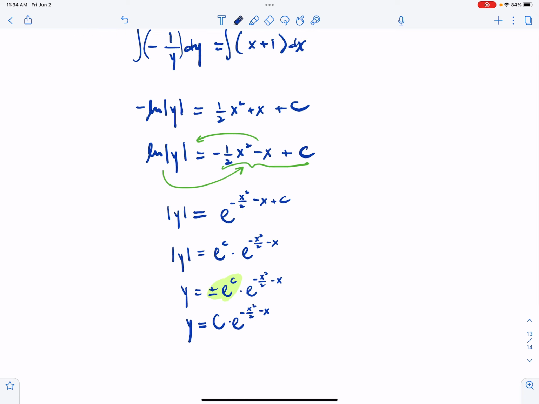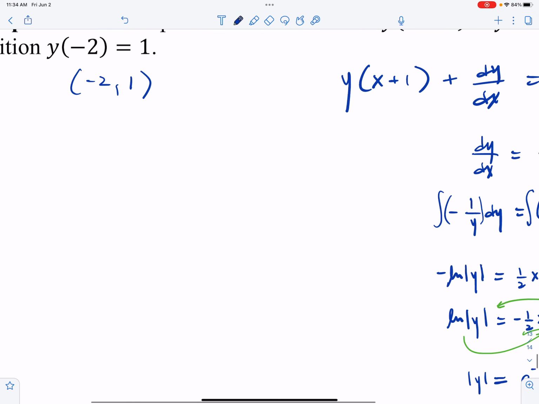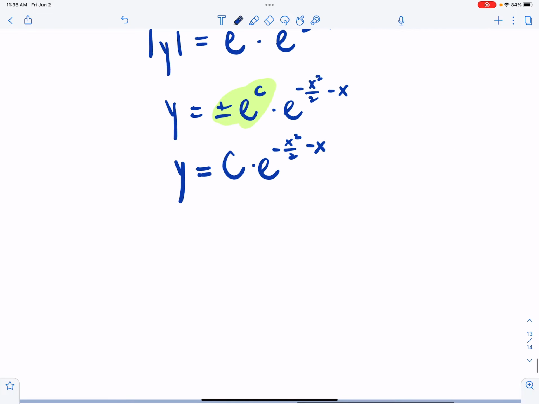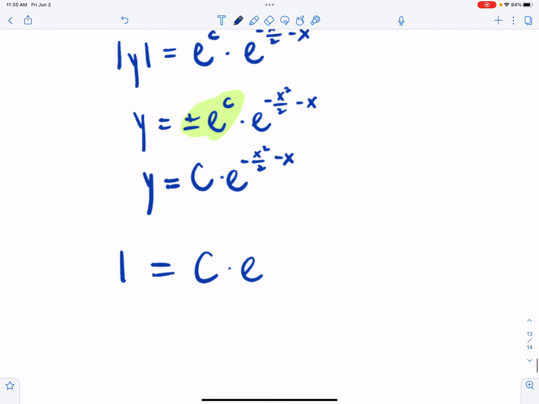So that's the general solution to this differential equation, but we want to find the particular solution that has this initial condition, where x is -2 and y is 1. So substituting 1 in for y, remember we're solving for c, and then -2 for x.